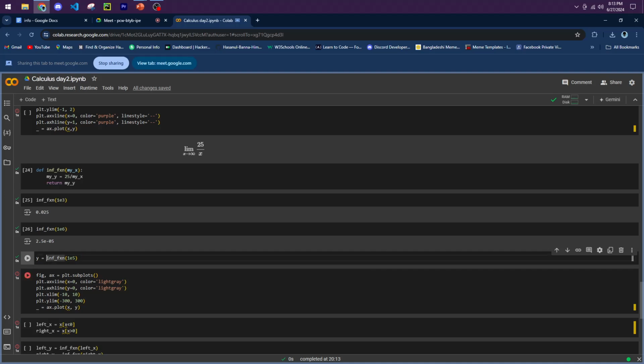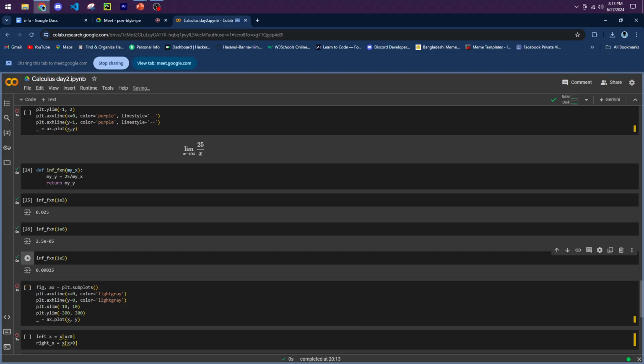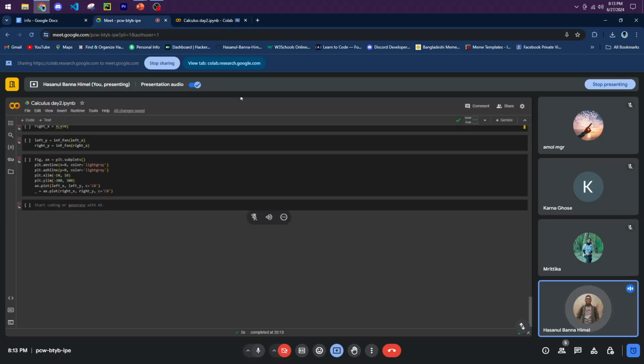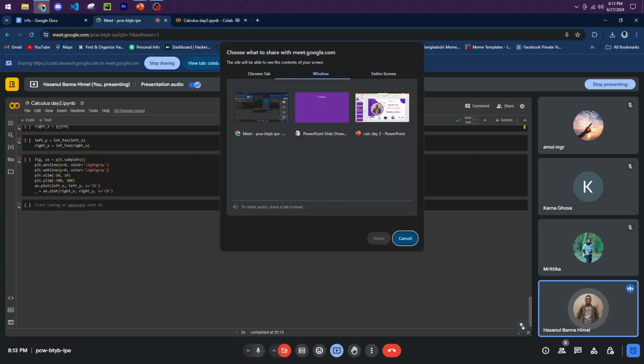My bad, yeah, now it will give an output. Here we have seen 0.00025. So this was the limit, how we can do the limiting with the help of our Google Colab.